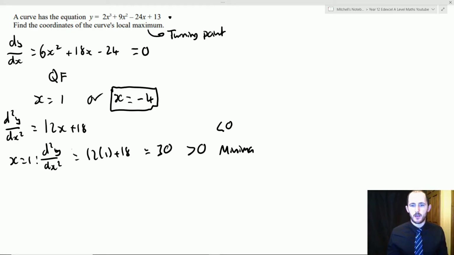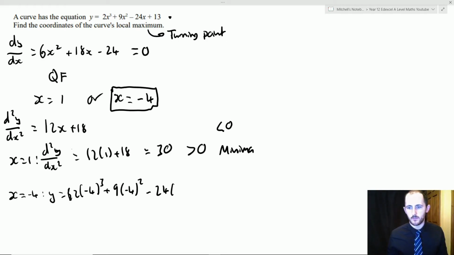So, all we need to do now is say when x equals minus 4, y equals, and I'm going to use a calculator for this because I'm going to be lazy, 2 times minus 4 cubed. Again, if that doesn't make sense, please let me know, but just be really, really careful. A lot of students will find this topic relatively easy and rush through it, and as a result make a few mistakes.